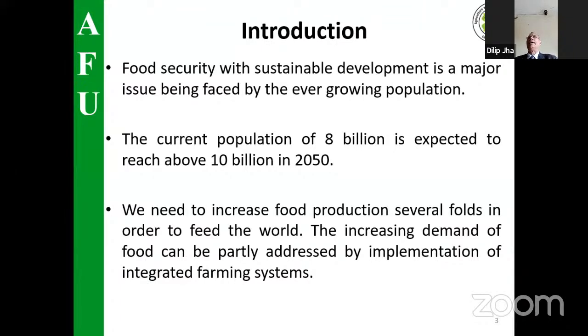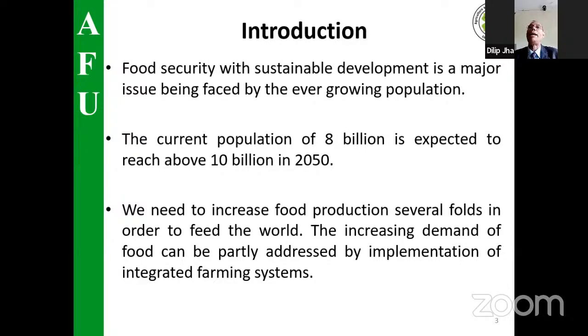So why agriculture? Agriculture is the main backbone, because food security with sustainable development is a main issue being faced by the ever-growing population. Exactly one month ago, the current population of 8 billion was expected to reach above 10 billion in 2050. So we need to increase food production several folds in order to feed the world.